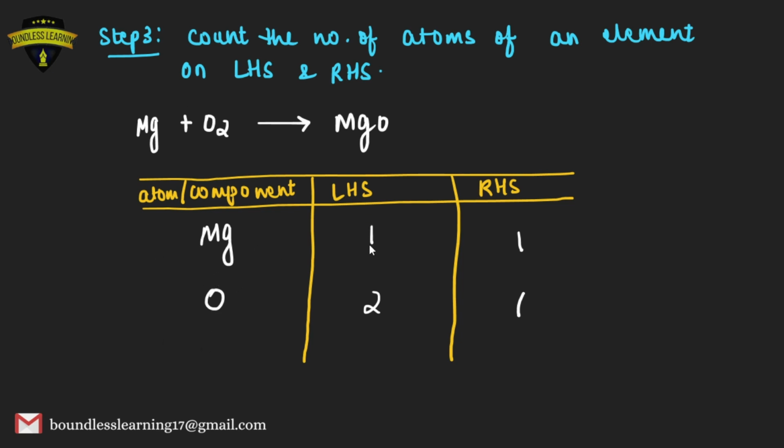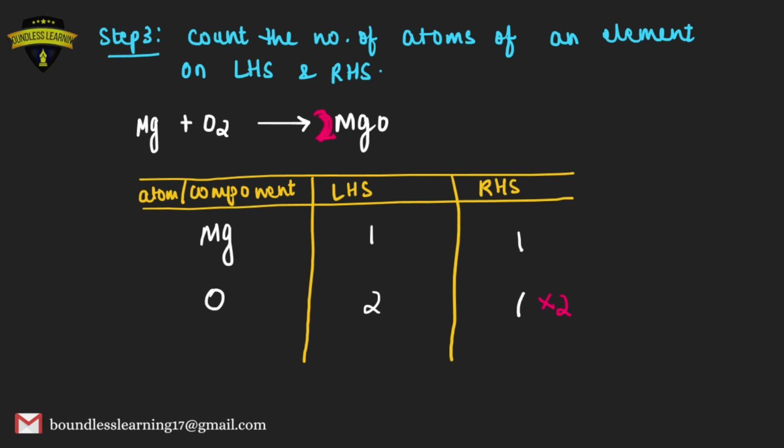Magnesium is 1 on the left hand side and 1 on the right hand side. So magnesium is balanced. Now let's count oxygen: 2 on the left hand side and 1 on the right hand side. So we have to balance this, and for balancing this, we can multiply it by 2. I'll write 2 in front of MgO.